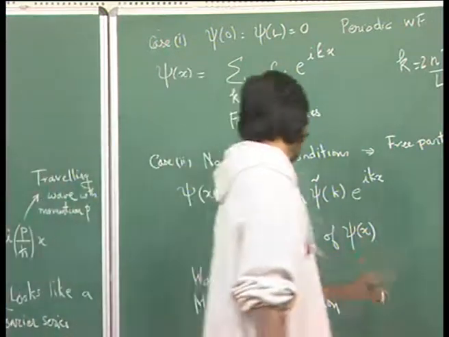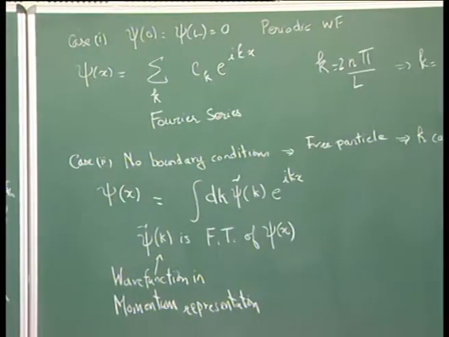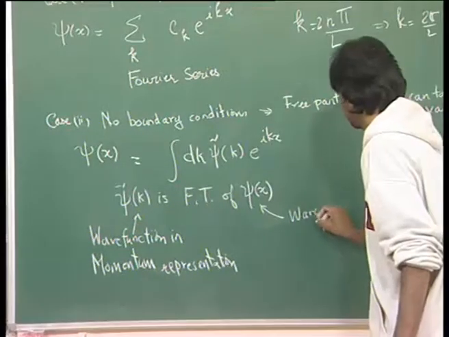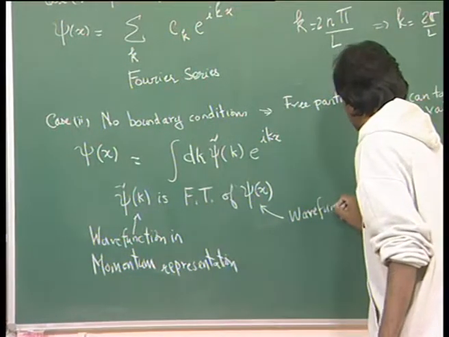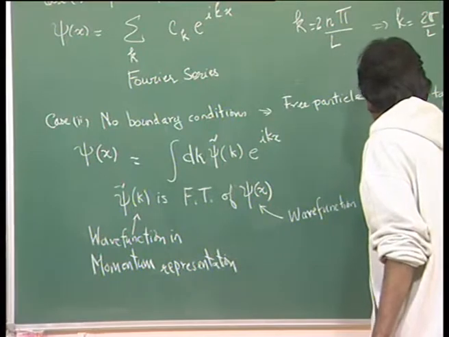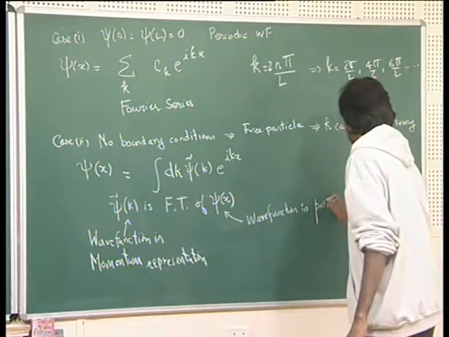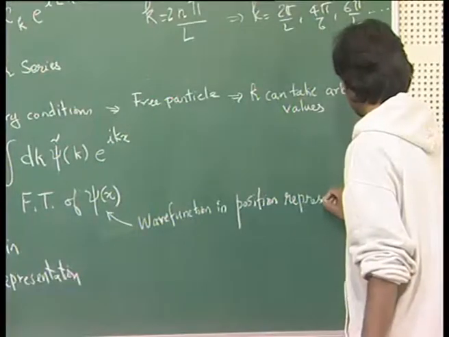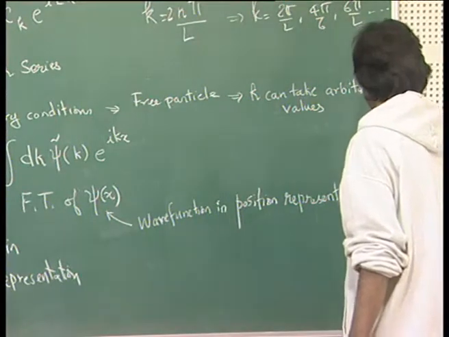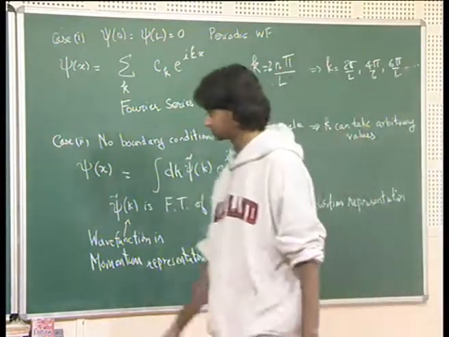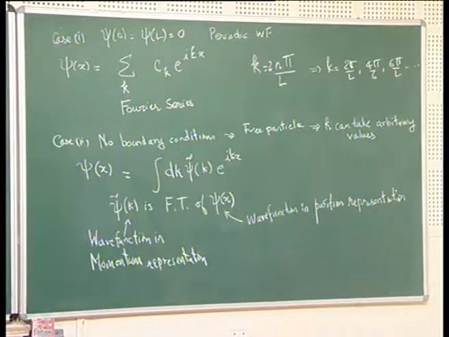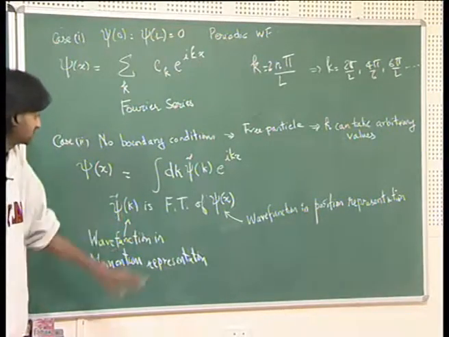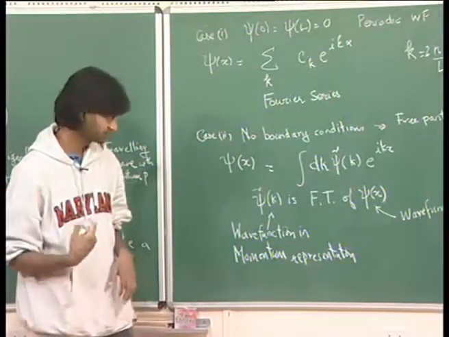And this is your wave function in position representation. So, what we see is that the wave function in the momentum representation is the Fourier transform of the wave function in position representation.